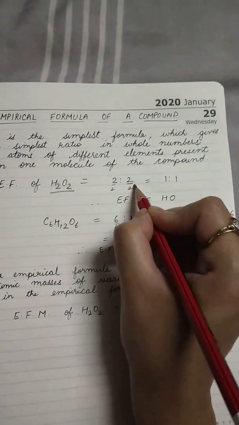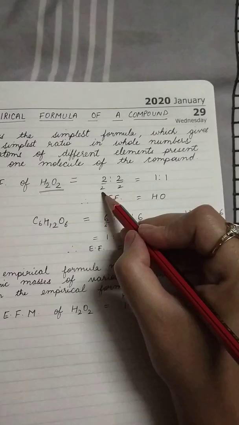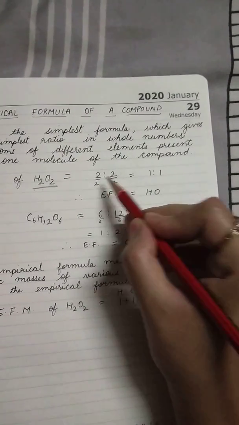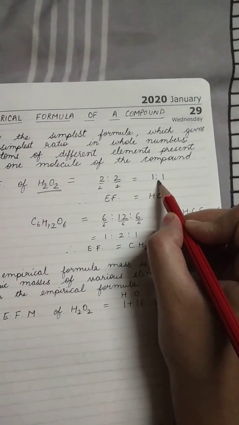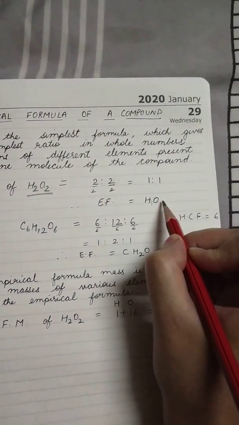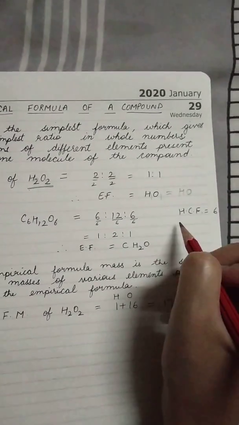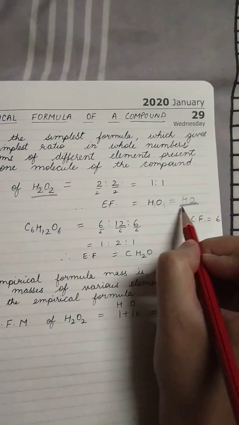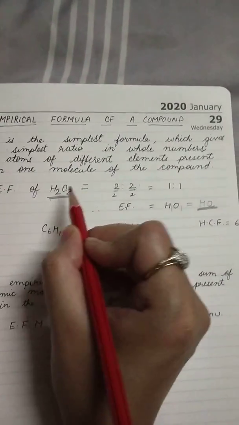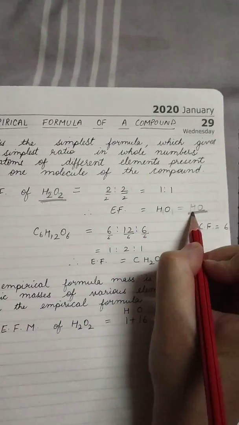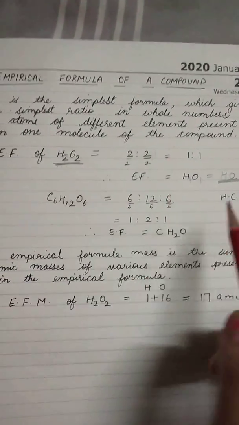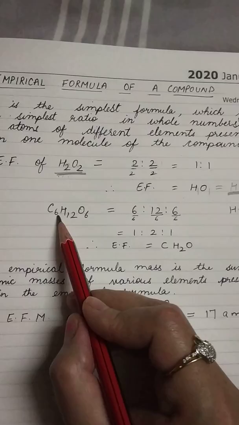So dividing by 2, 2 divided by 2, 2 divided by 2, comes out to be 1:1. So that is H1O1, or simply HO. This is the empirical formula, whereas H2O2 is the molecular formula. In this case we can see that both are different from each other. Then one more example.